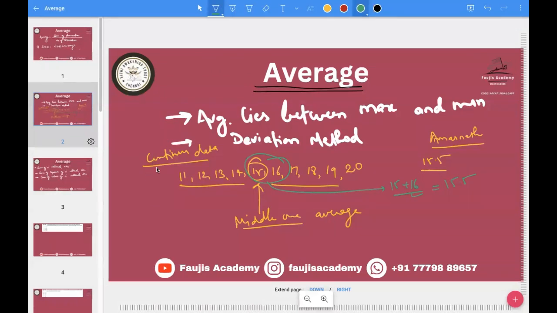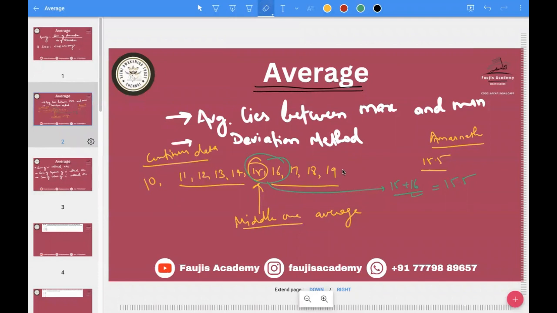Okay, so we are essentially talking about 11 to 20. If by any chance, as Amarnath says, we include 10 over here, what will be the scenario? Let's say we included 10 and we are excluding 20.